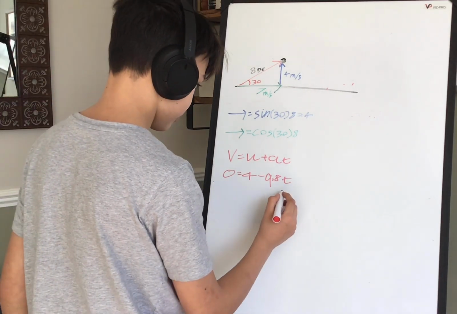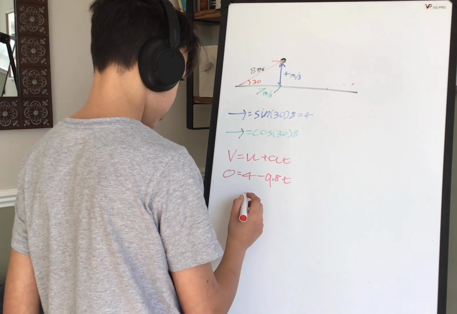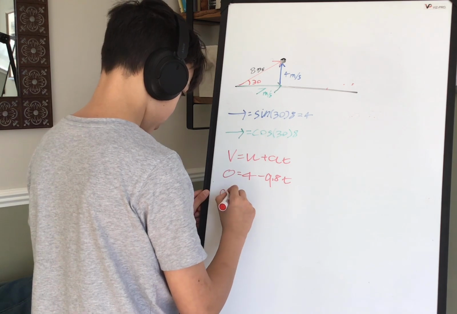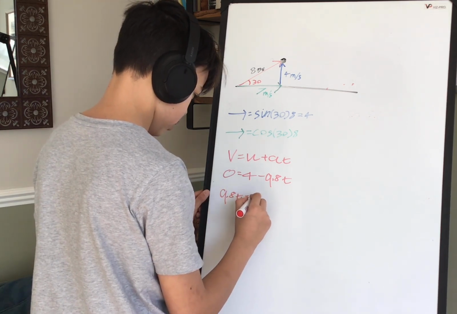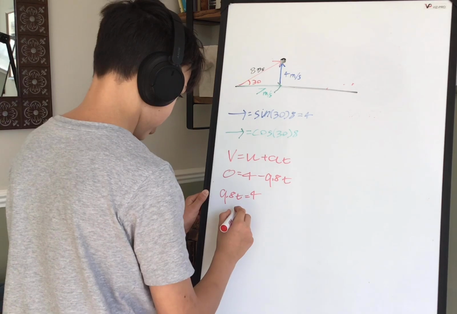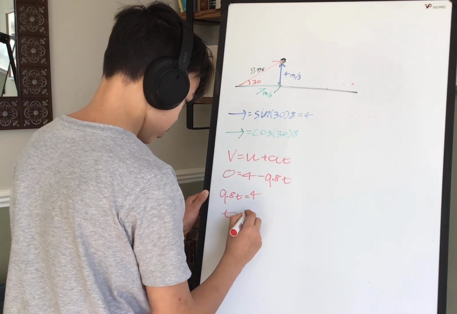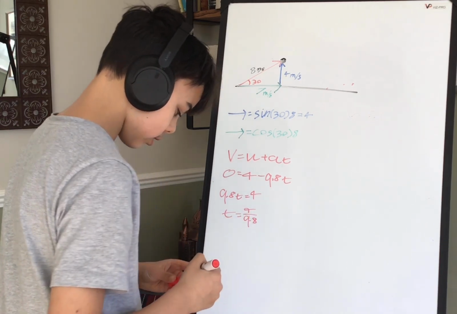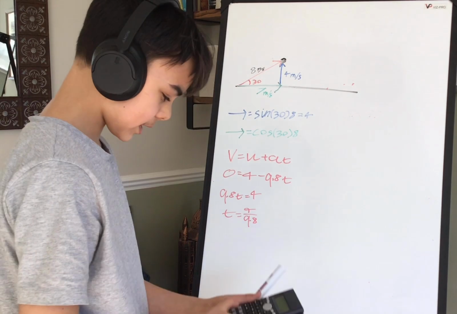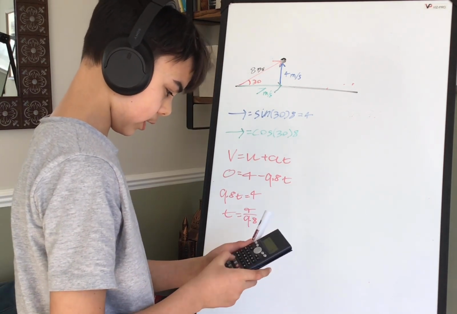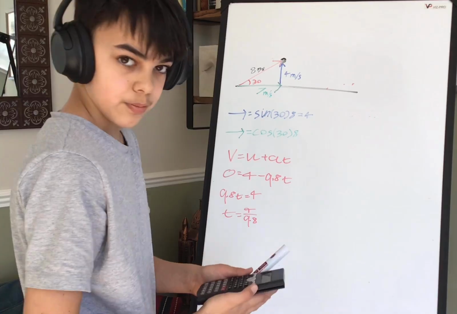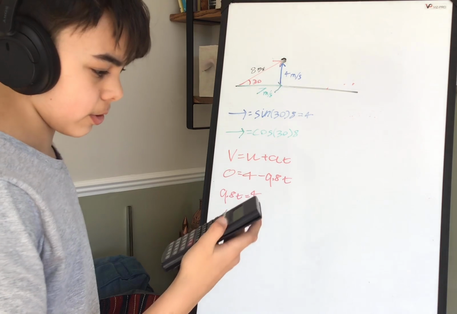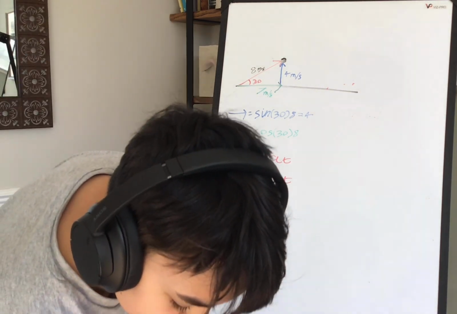So let's move the negative 9.8t over. So we get 9.8t equals 4. And then divide 4 by 9.8. So t equals 4 over 9.8. Let's just do that on our calculators. 4 divided by 9.8 is 0.41. We'll round it to 0.41.